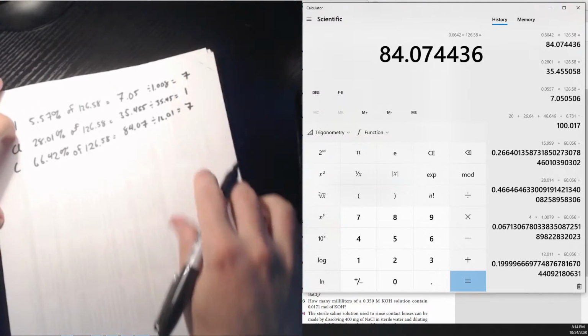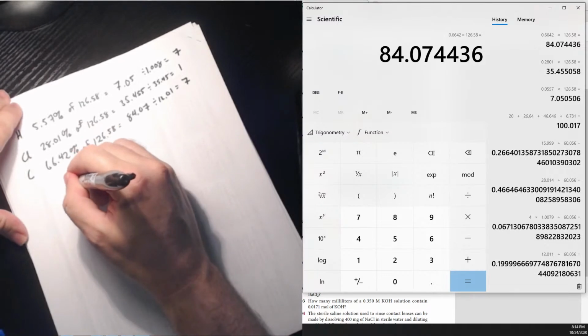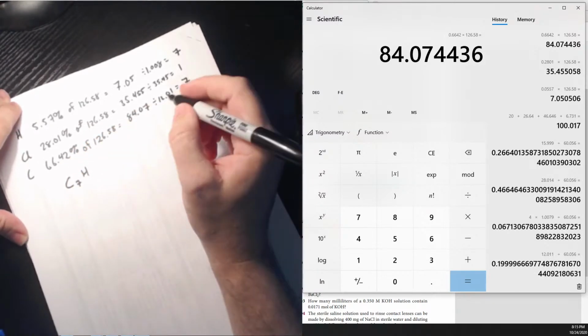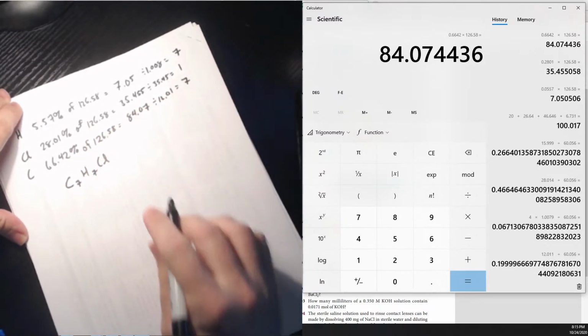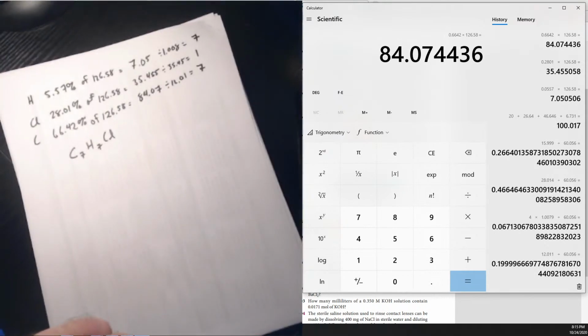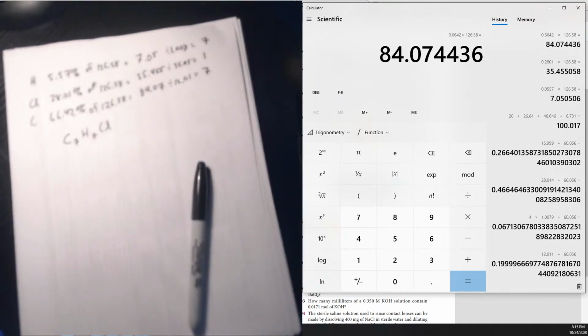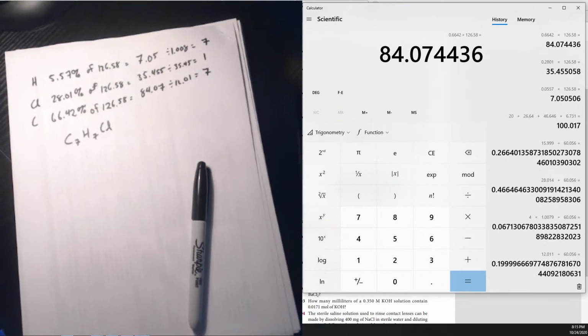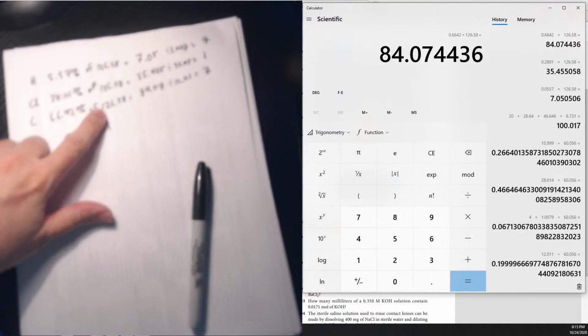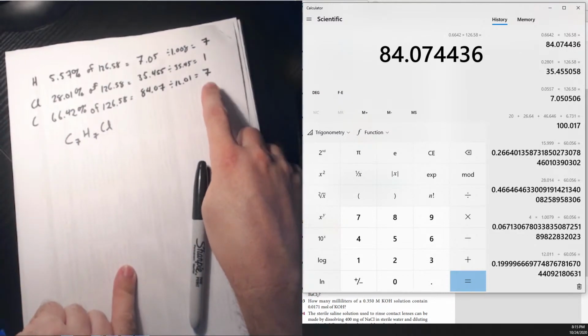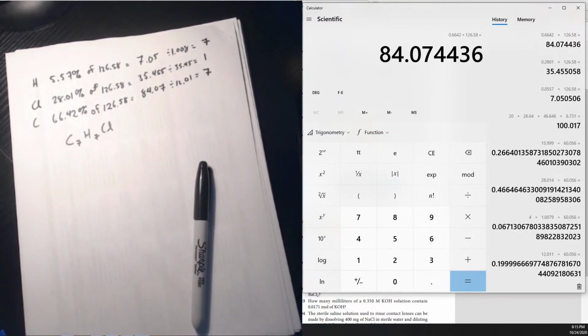Okay. So that means it's C7H7Cl. So that is just a direct method: if they give you the percent composition and the molecular weight, you can go pretty much directly to the molecular formula, which in this case is the same as the empirical formula.